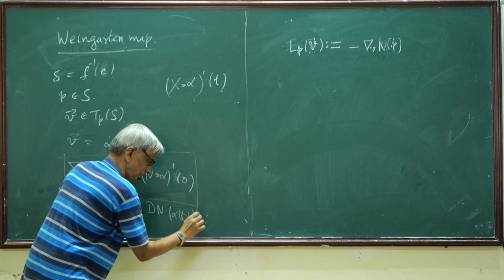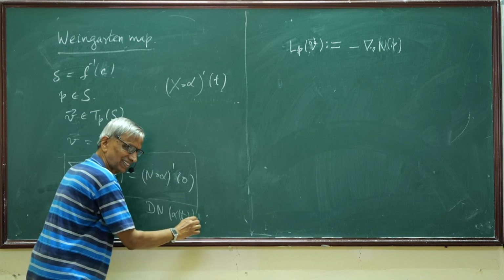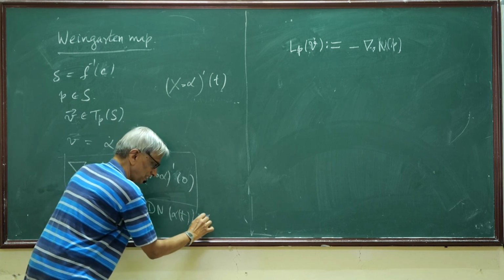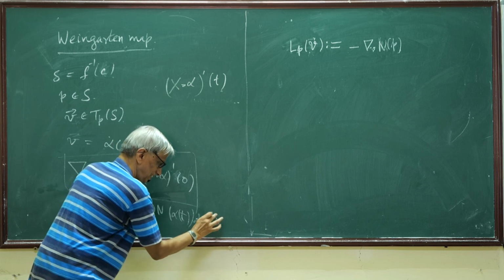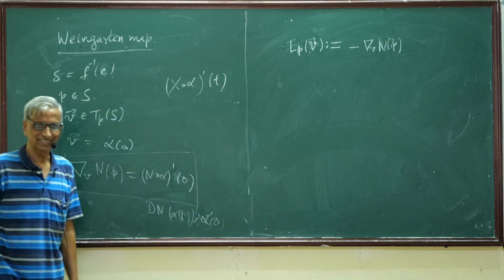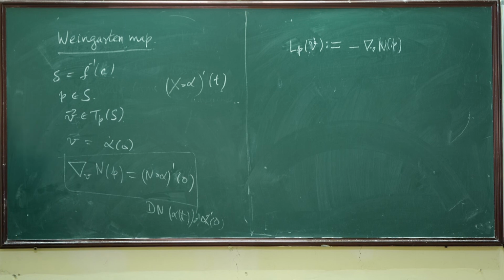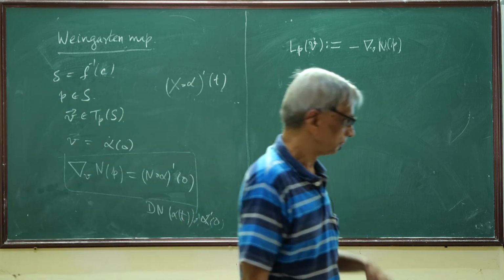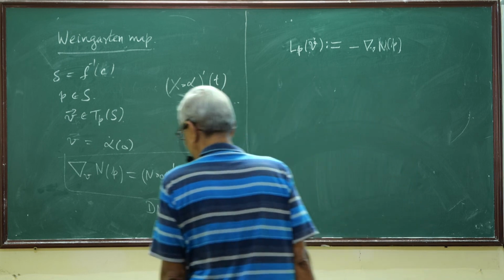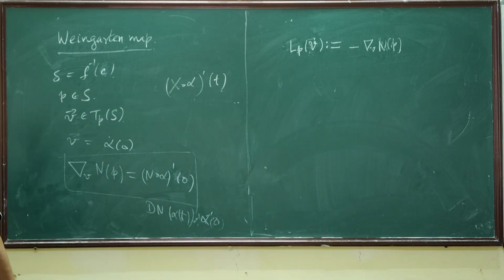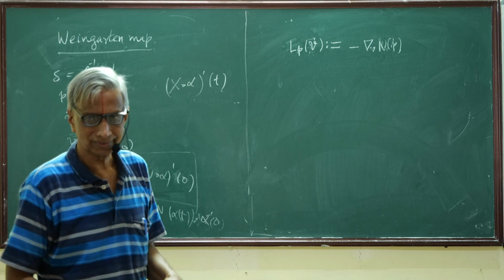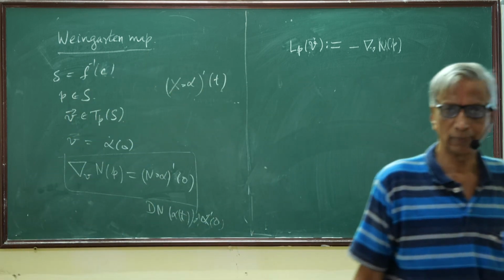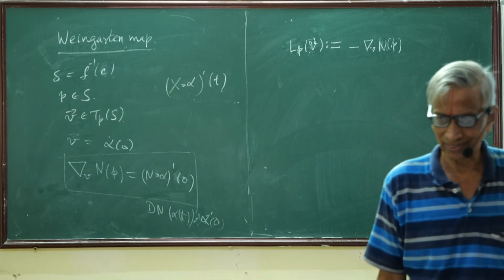Dot product of alpha dash or alpha dot or whatever. So what is it? What is the object on the right hand side? So what is the map? What is your L_P then? What does it do?